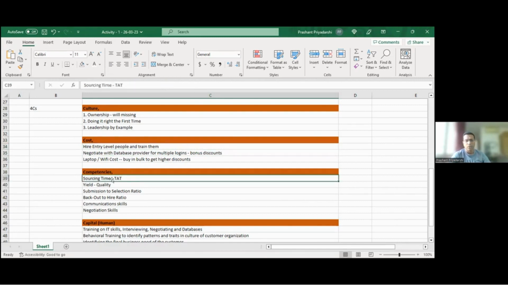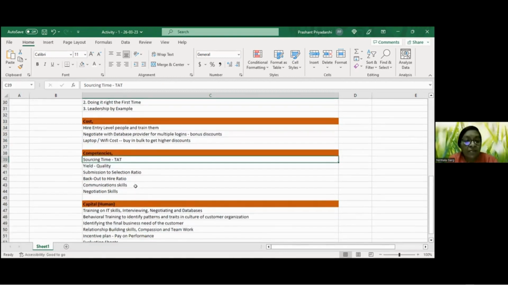So competencies is sourcing time. How to reduce that? This entire recruitment funnel which you have written here depends again on training. How you have trained them with the product, because they will be looking at different databases, different industries.